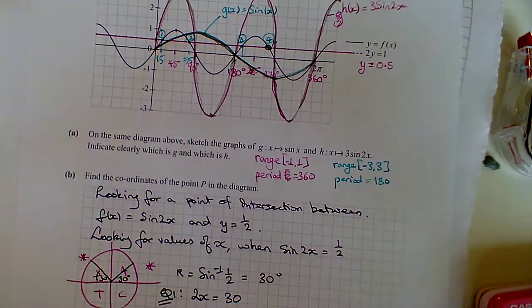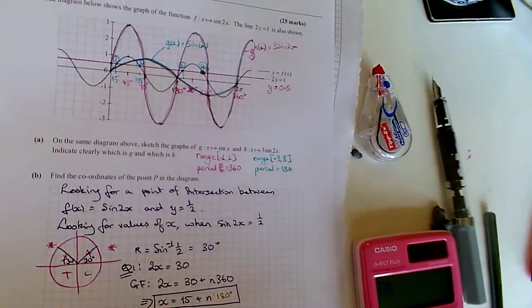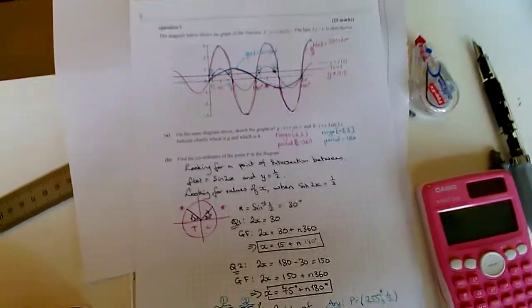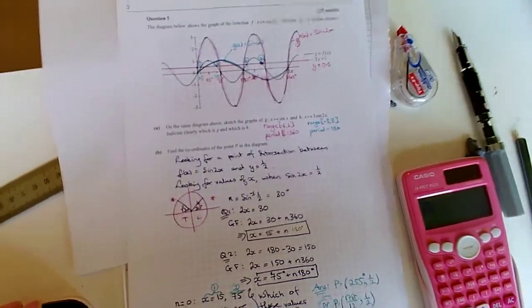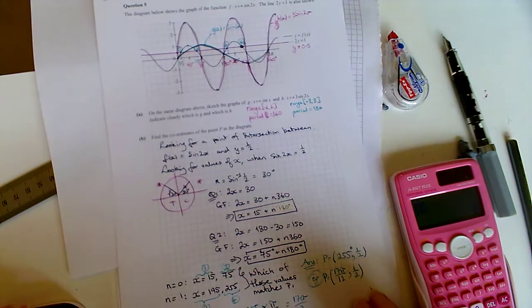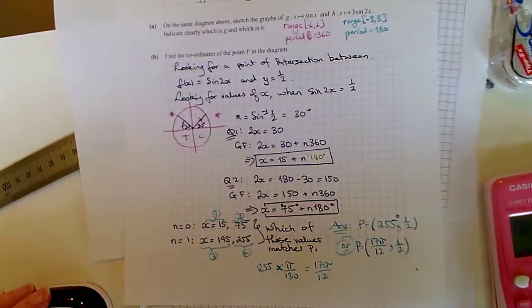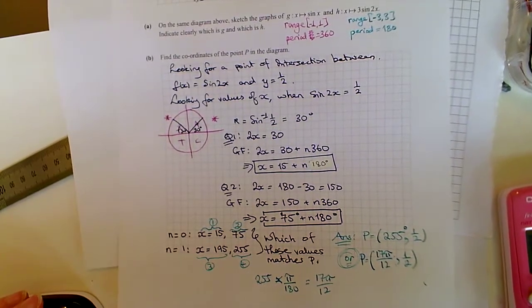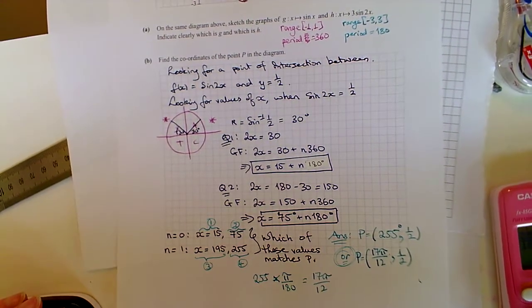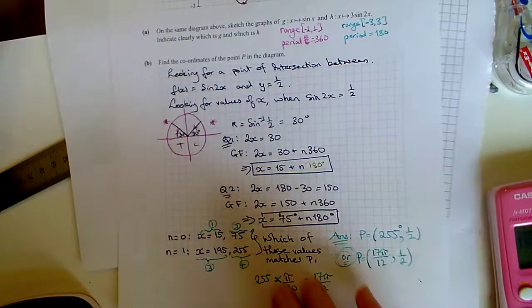Let me just zoom out onto that whole page there so that you can see it in one go. It's probably a bit too zoomed out. And that's the solution there that you need. Okay, thank you.